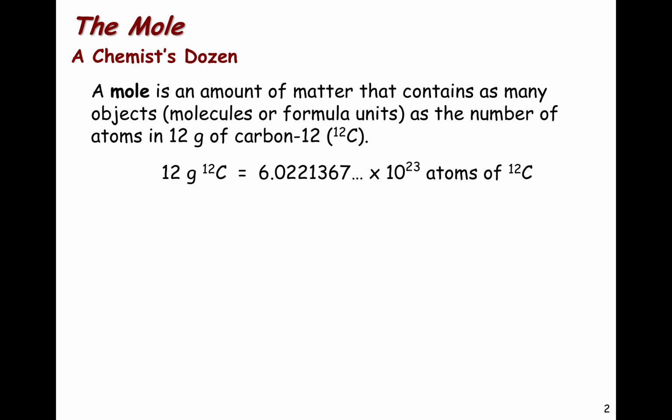If we had 6.02 times 10 to the 23rd atoms of carbon 12, one of the isotopes of carbon, then we would have a mass of 12 grams. So, it turns out that is a very convenient reference point both for the atomic mass unit and for the mass of a mole.